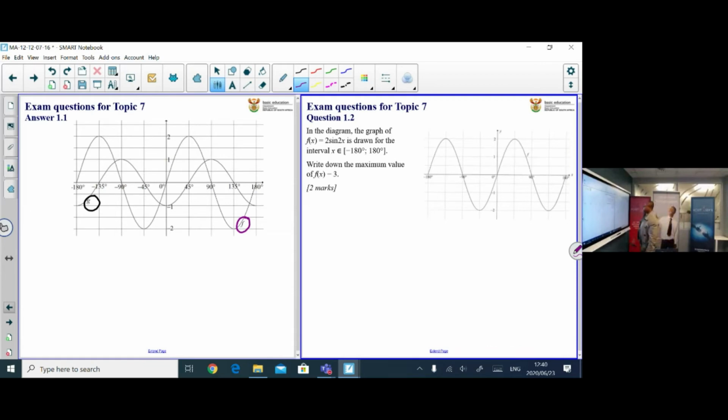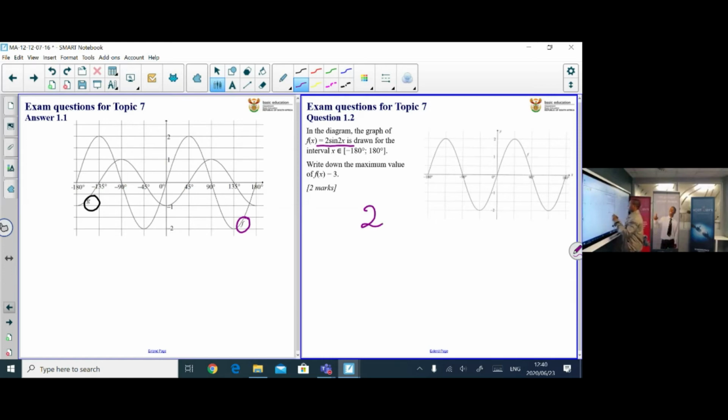That's beautiful, because we just talked about the maximum. How do we know the maximum? In other words, you consider the amplitude. So what is your maximum here? Your maximum for this graph is 2.